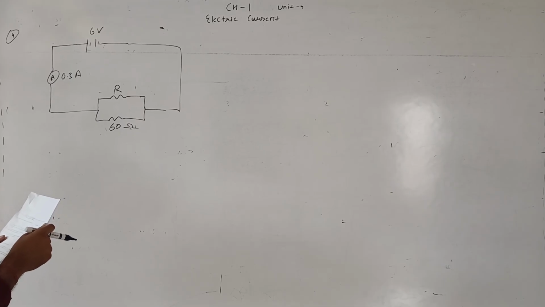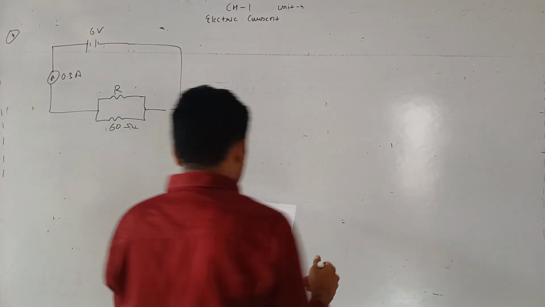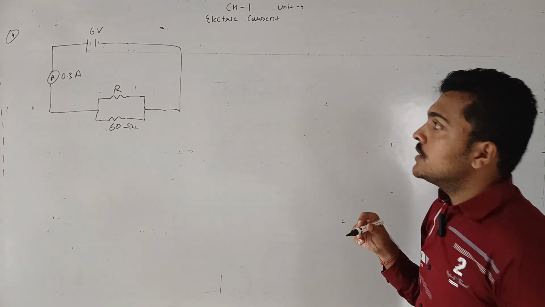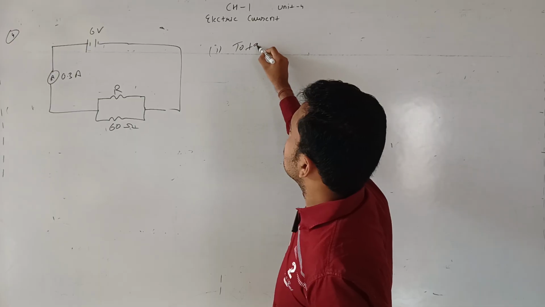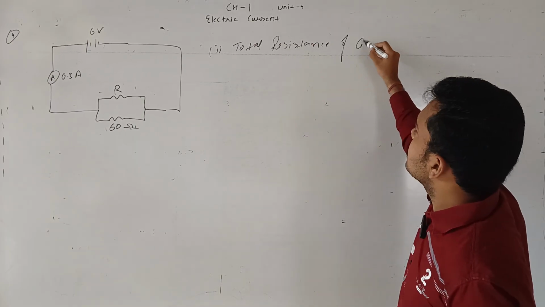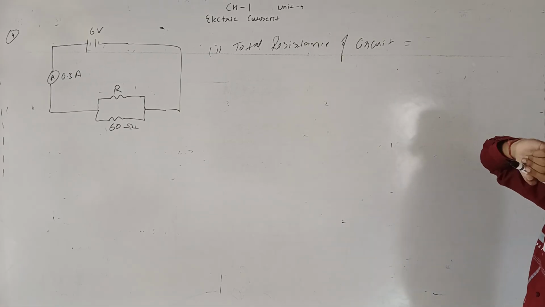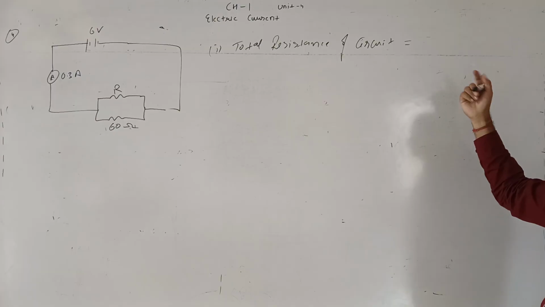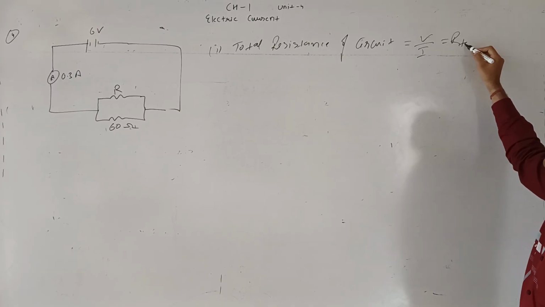Calculate the total resistance of the circuit, the value of R, and the current flowing through R. Total resistance: we have V equal to I into R, so V upon I is equal to R total.